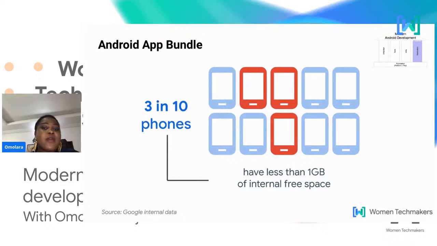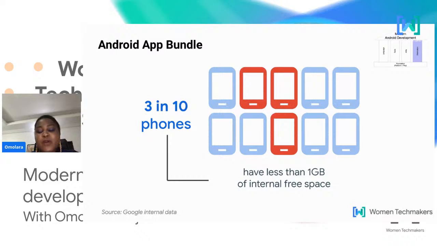Especially now in this part of the world where we have data issues, we have storage issues, and all that. Many phones out there actually have less than 1 gig of internal free space. And then imagine your users on this same free space, having your application, their own media files, that is photos, videos, chats, and all that, and then other applications. So imagine having all those things on a 1 gig storage space. So that has been a problem.